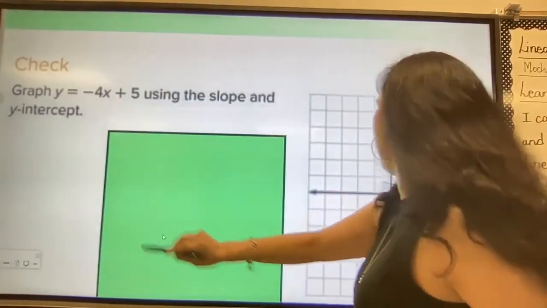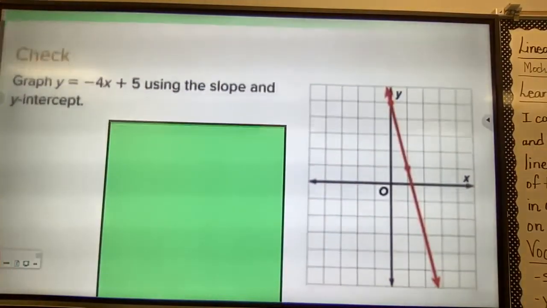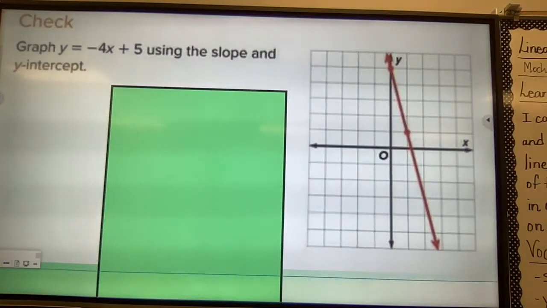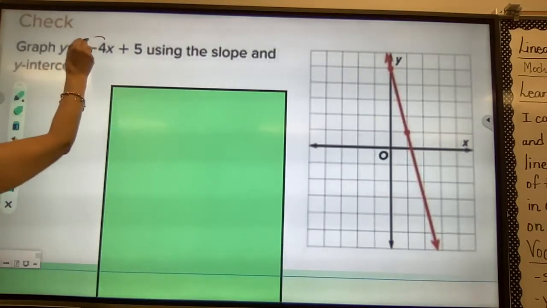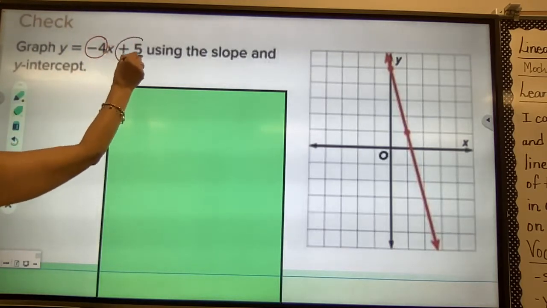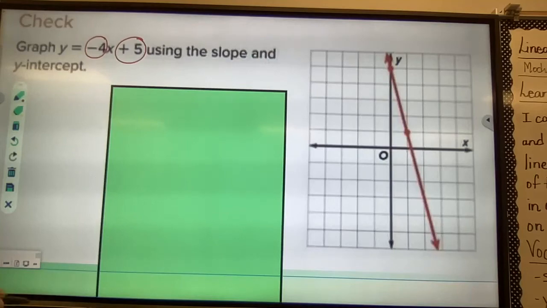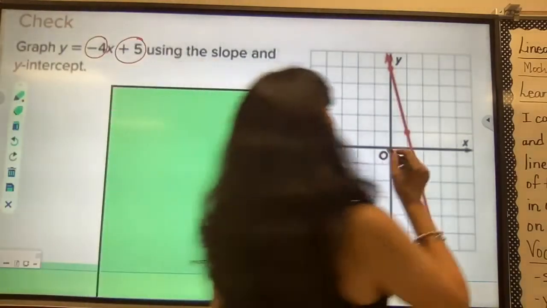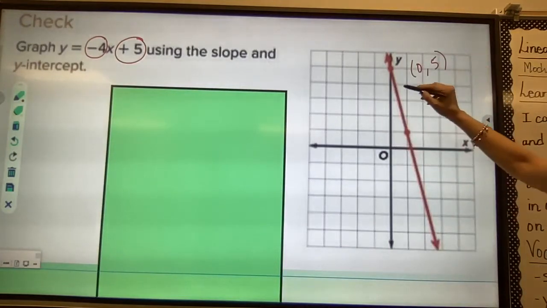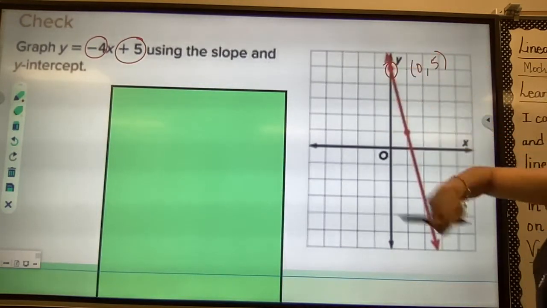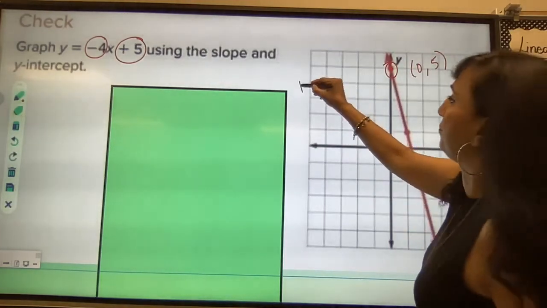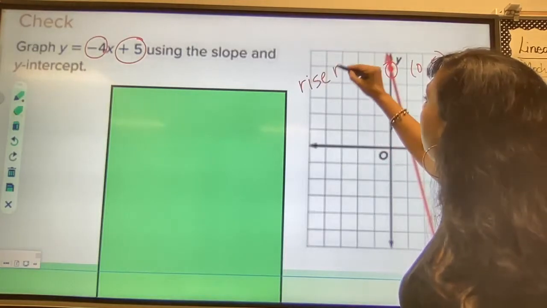So let's look at that line. Okay, and here we go. So once again, this is negative 4, that's your slope. This is your y-intercept. That means the line is going to cut the y-axis over here at 0, 5. 0 for x and 5 for y. Okay, my rise over run, which is my slope.